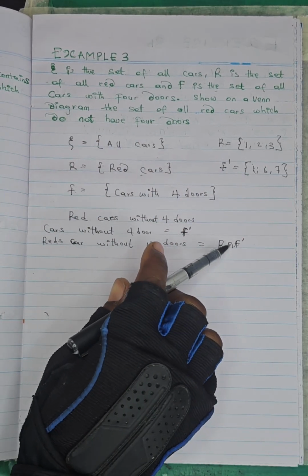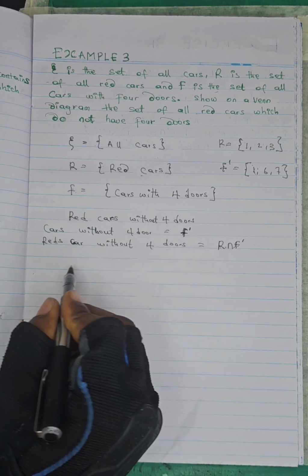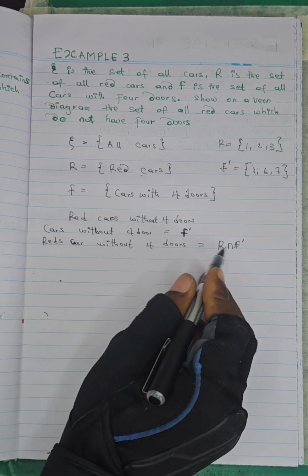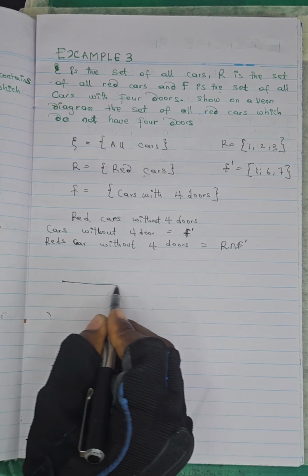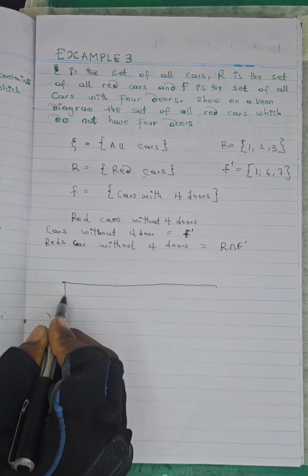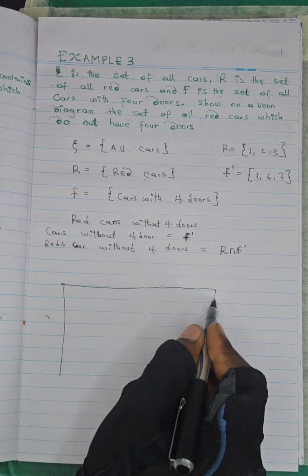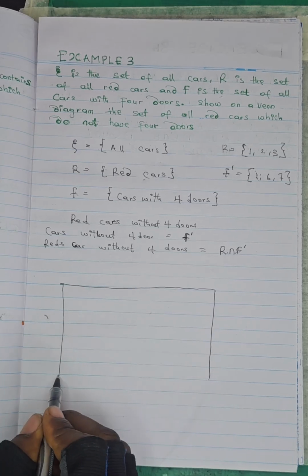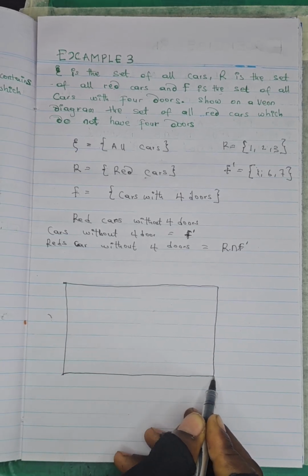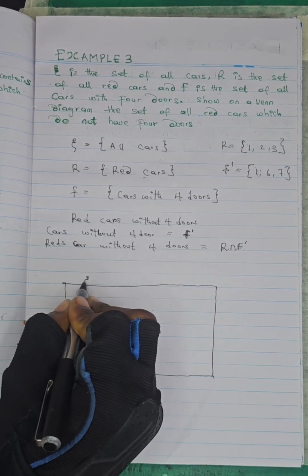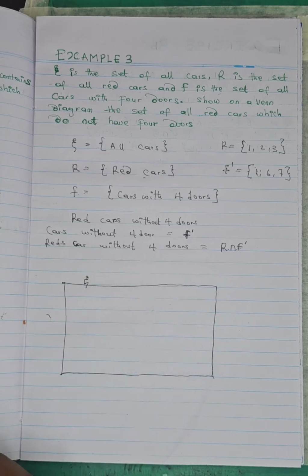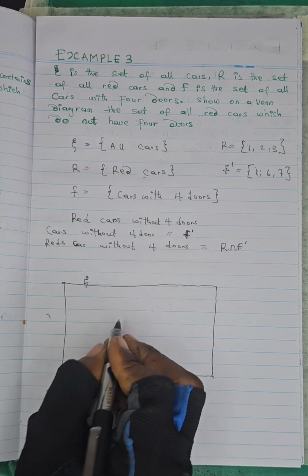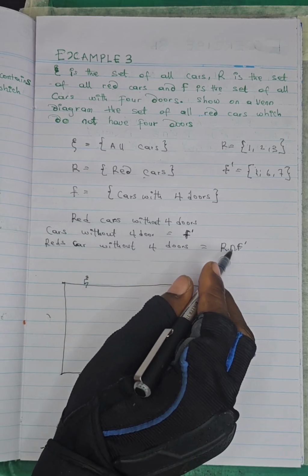So this is what we are going to draw in the Venn diagram. First, let's do a rough sketch as we used to do. This is our universal set. We already know we're looking for R intersection F complement.